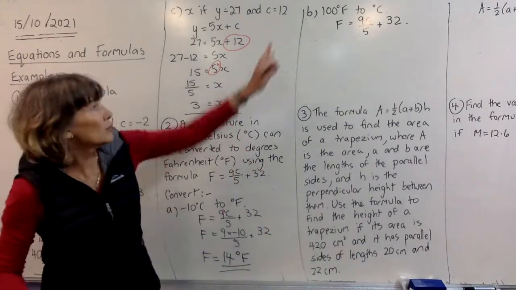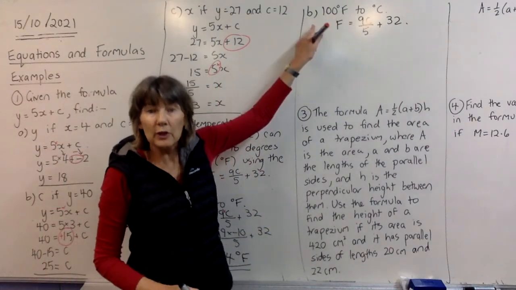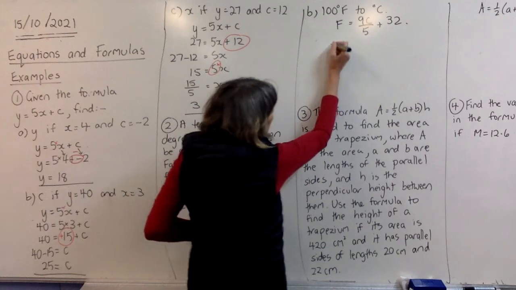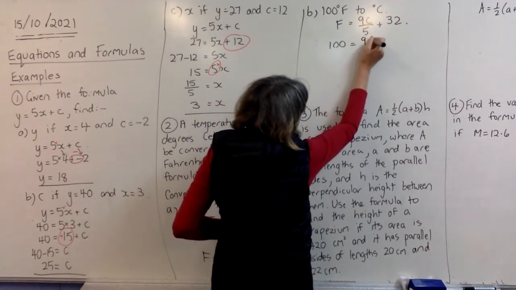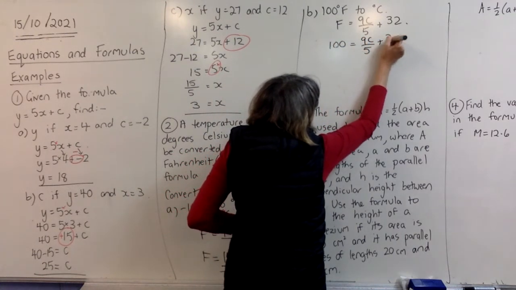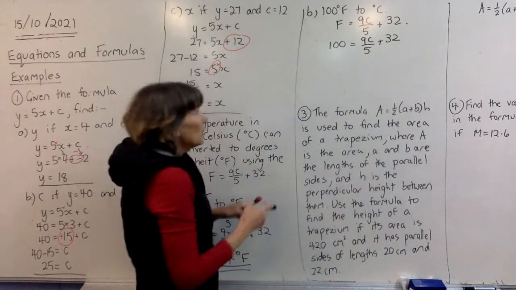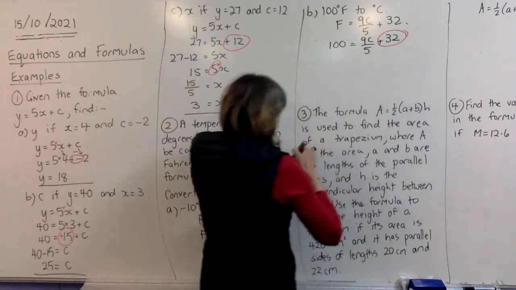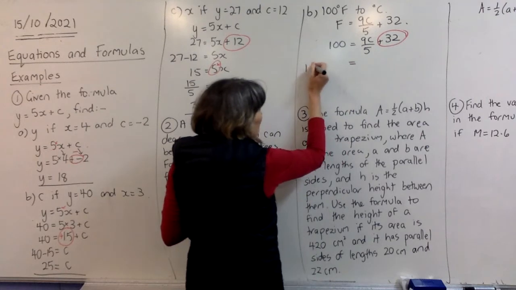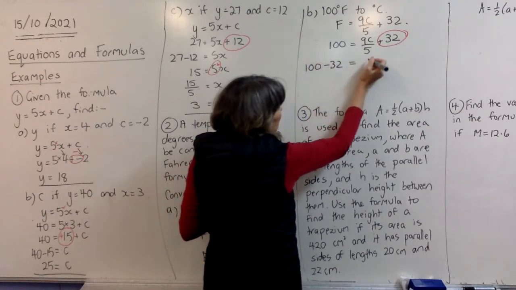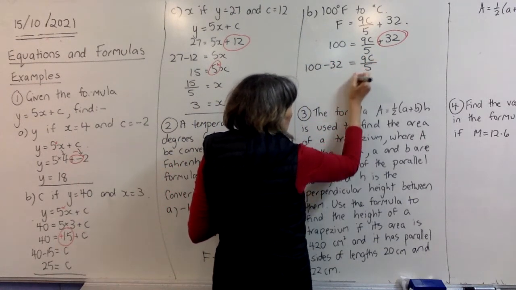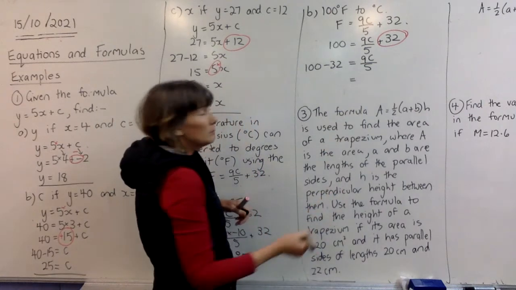Okay, now this time they've given you 100 degrees Fahrenheit, so they've given you an F value. So we're putting the 100 in for F. And now we're just going to go ahead and solve our equation. So get rid of that plus 32, move it over here, it's minus 32 over there, and then work that out.